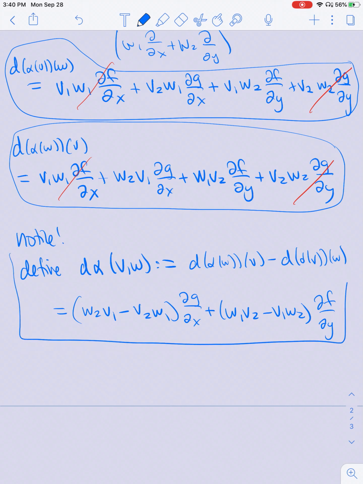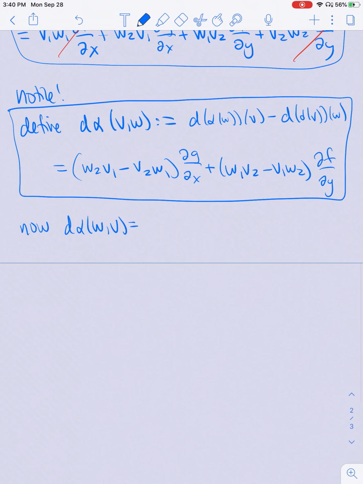And the important thing to see is that now d alpha of wv is the negative of d alpha of vw, because I should just switch every term. So I can go through this formula, or I can just go through this formula, which will immediately tell me that it's negative d alpha of vw.